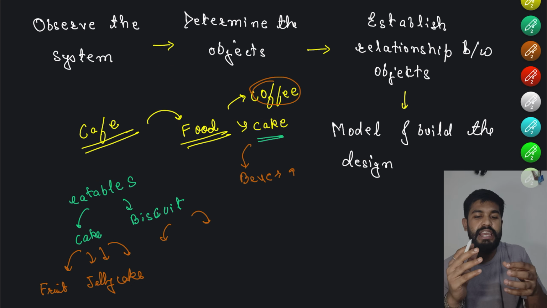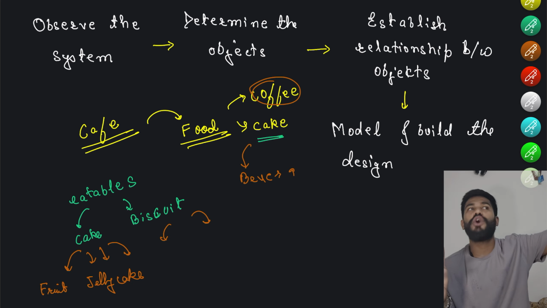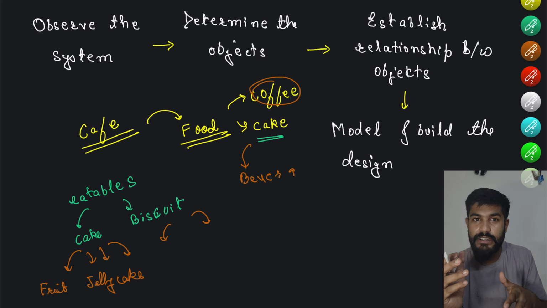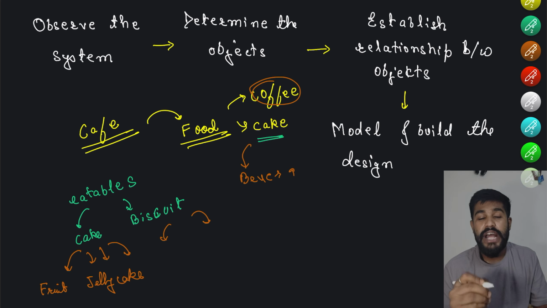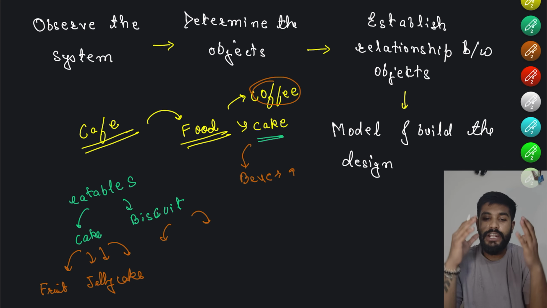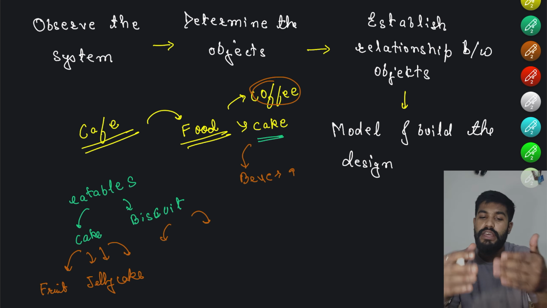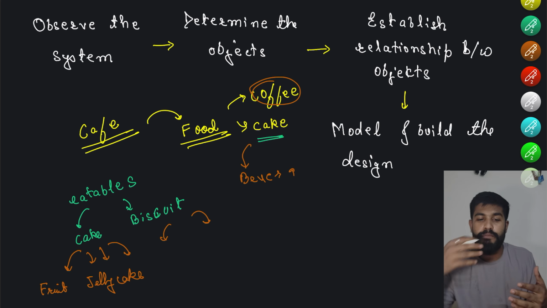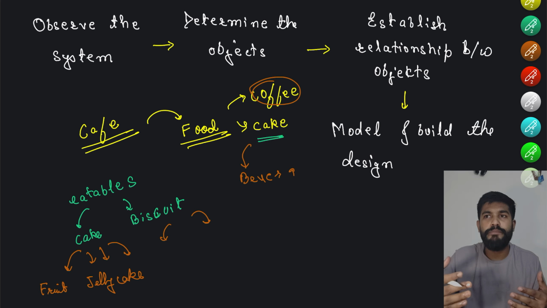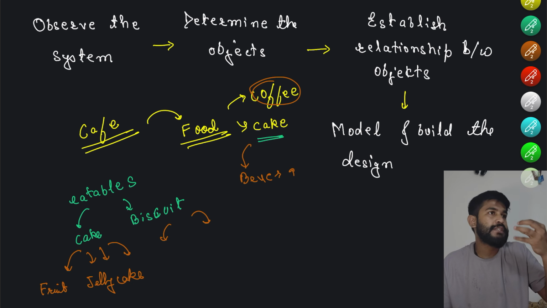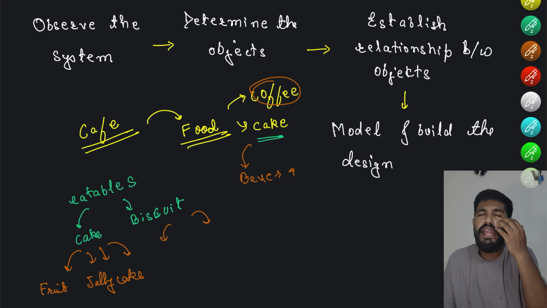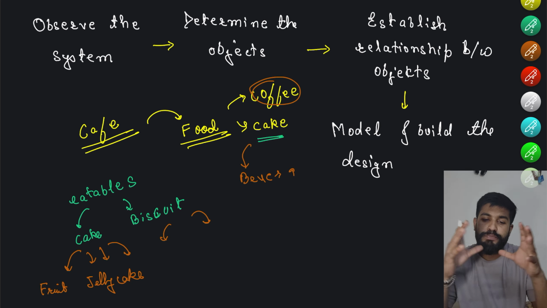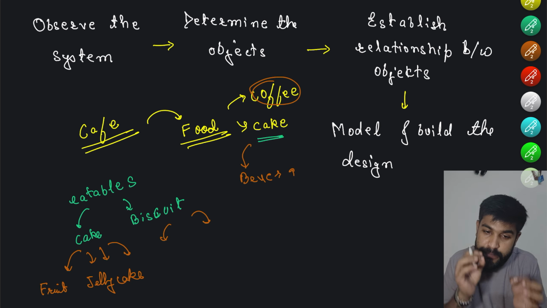We can't really have a coffee and cake object and implement the whole system. This is not low level design. This is object oriented implementation. But efficient low level design says that we should have very extensible code. Today we are building cake and coffee, tomorrow we may be expanding on biscuits, alcoholic beverage, non-alcoholic beverage, tea, coffee, mojito, and what not. So our code should be very extensible, and this is determining the object.